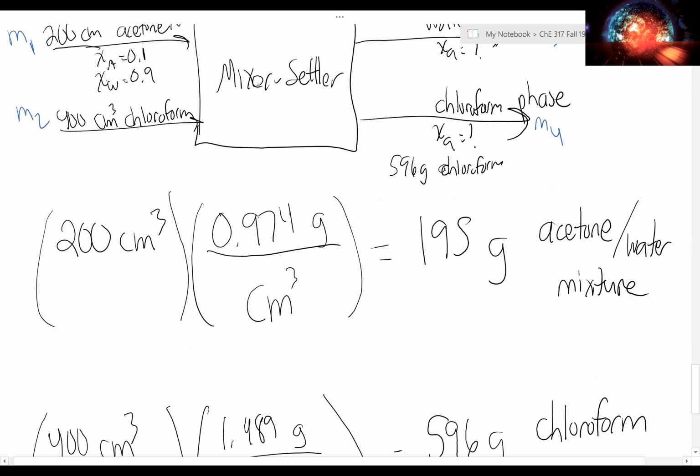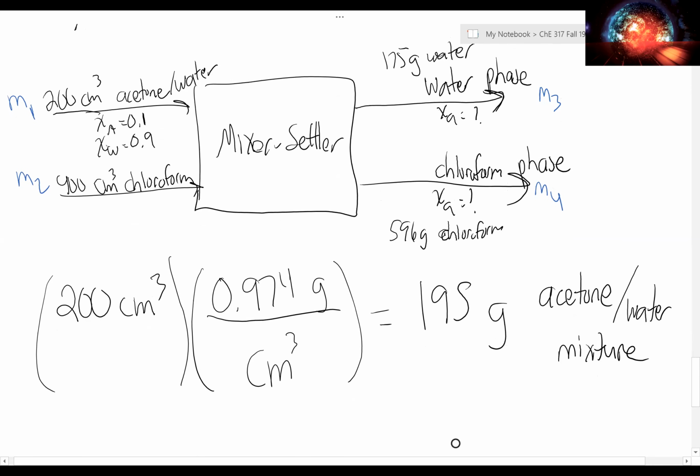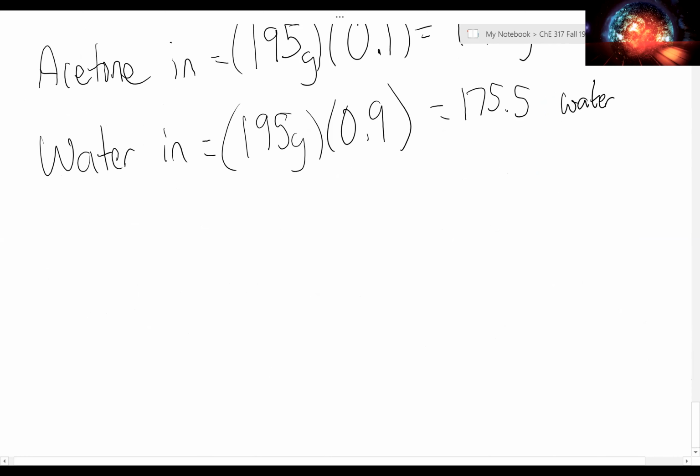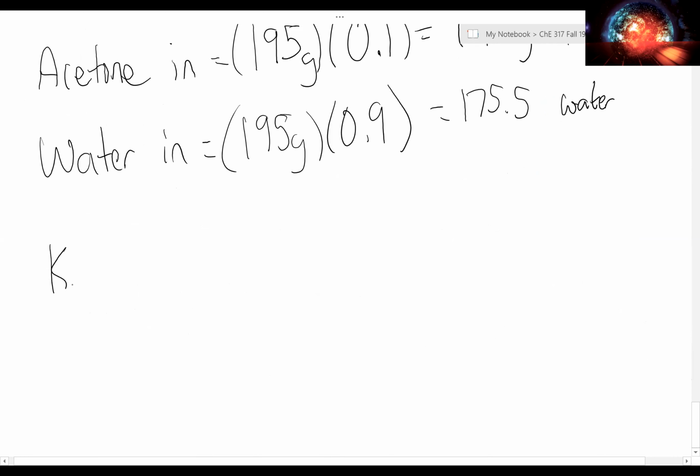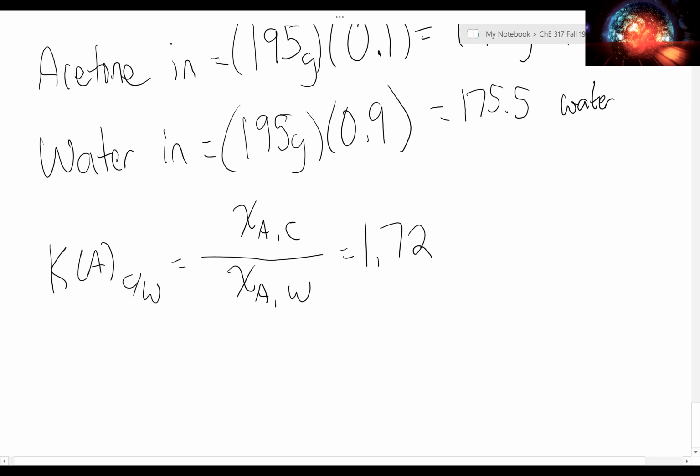And so in order to find the mass fractions of my acetone in each of these phases, I have to use that partition coefficient. So it's the mass fraction of acetone in the chloroform over the mass fraction of acetone in the water phase, which was 1.72, I said.